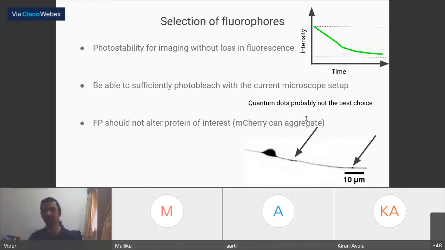Sometimes it's not possible to go down to 100% or even 80%, because no matter how much you photobleach, the lowest intensity you are getting is not from your fluorophore of interest, but from some background autofluorescence, some organelle, or something on the cover slip itself, creating noise in the system. So that's something to be taken into account if you're not able to come up to 80%, even after reducing the concentration of GFP in the system.